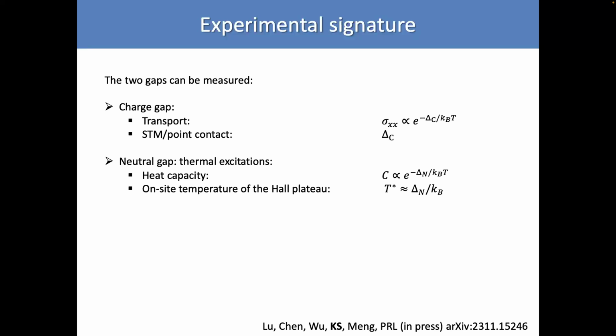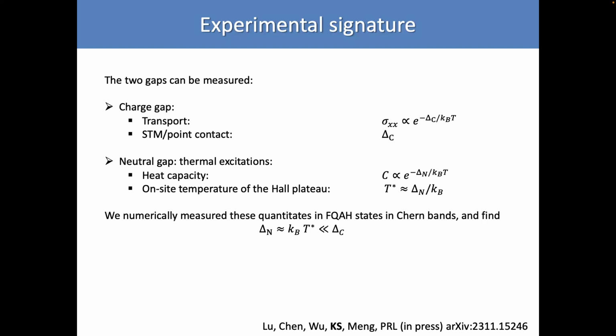And for quantum Hall, we can also measure the onset temperature of the quantum Hall plateau. That's the temperature where the plateau starts from. We call it T star. This T star would also be comparable with the charge neutral gap. We measured the density of states numerically, and we measured heat capacity and T star numerically, and compared them, and found that the charge neutral gap is dramatically smaller than the charge gap.